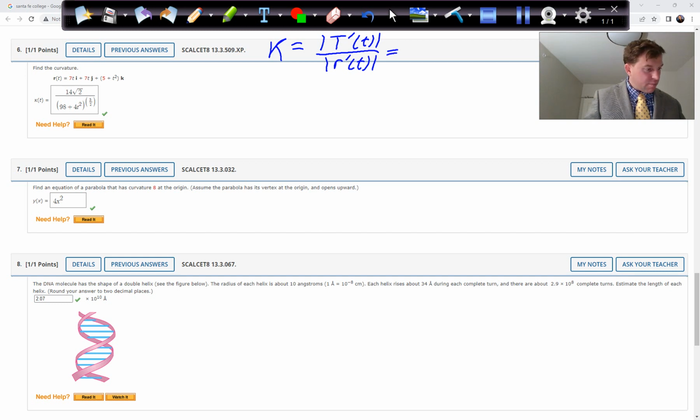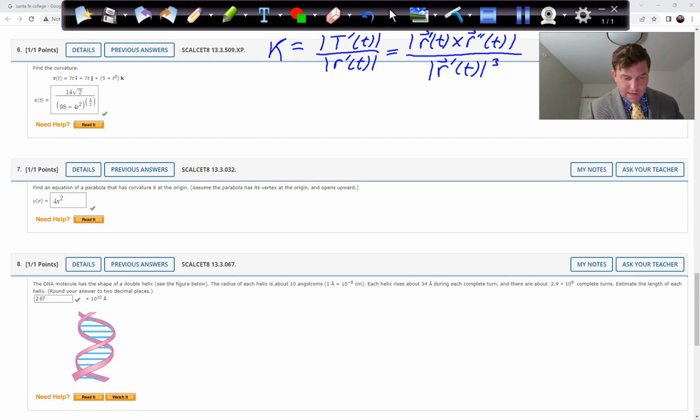And we saw in problem 2 I think, from the video, that can be written as the magnitude of the derivative vector crossed with the second derivative of the vector equation, all divided by the magnitude of the derivative vector cubed.